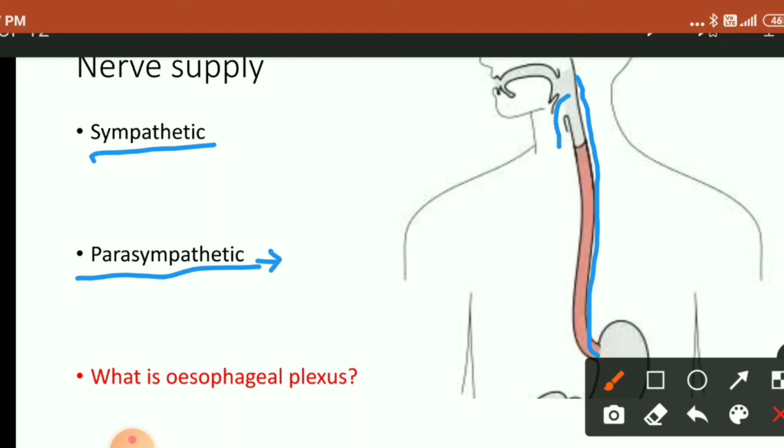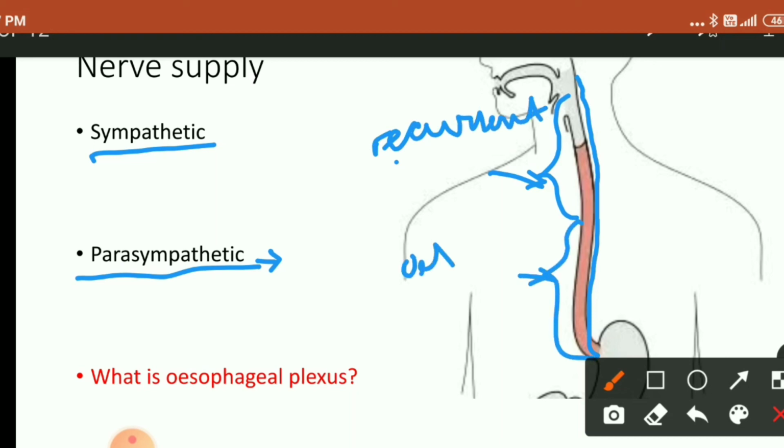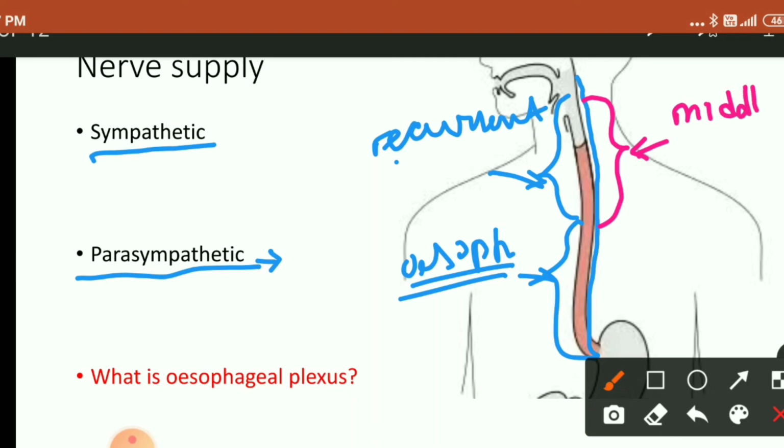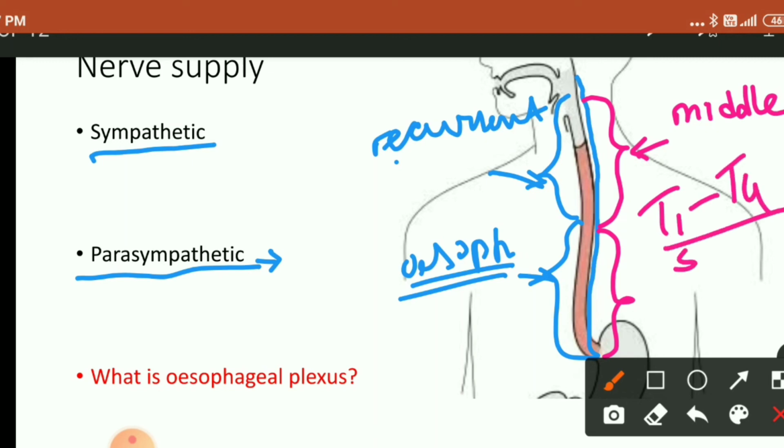The upper part of the esophagus is supplied mainly by recurrent laryngeal nerve, and the lower part is supplied by esophageal plexus. Now we come to the sympathetic supply. The upper part of esophagus is supplied by middle cervical ganglion. On the other hand, the lower part of esophagus is supplied by T1 to T4 sympathetic ganglion.